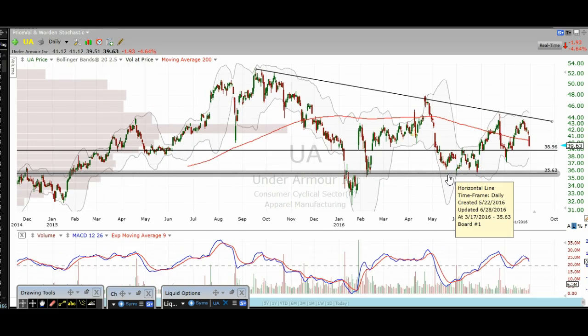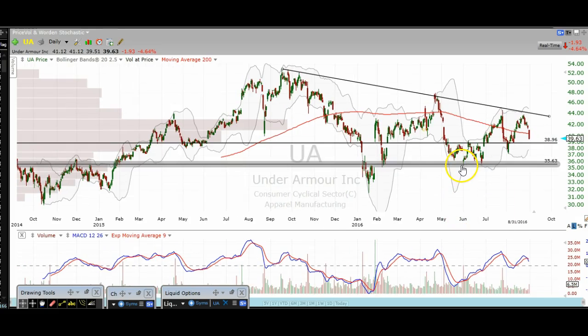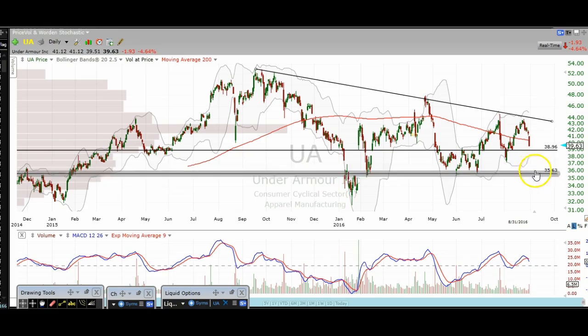The best area that I'm seeing is an opportunity near that $35, $36 mark, as I'm seeing some good support here. So between $39 and $35, this could definitely be a short-term buying opportunity.